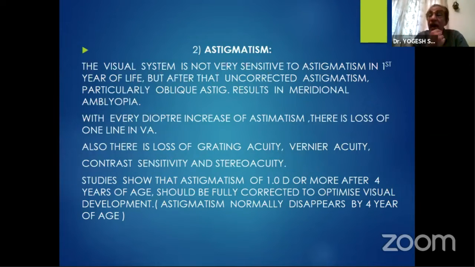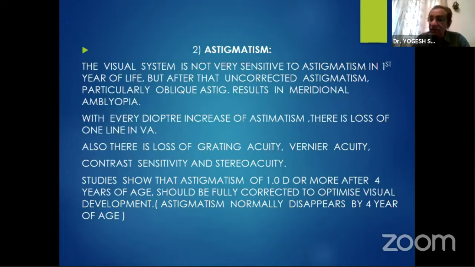But after that, uncorrected astigmatism, particularly oblique astigmatism or bi-oblique, results in meridional amblyopia. Now, what is the cutoff line where such an amount of astigmatism would create amblyopia?